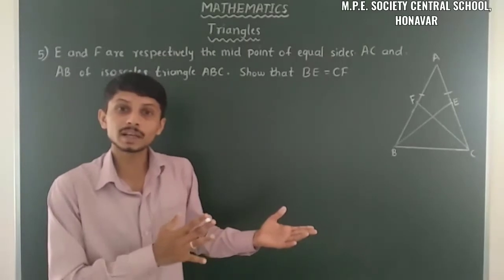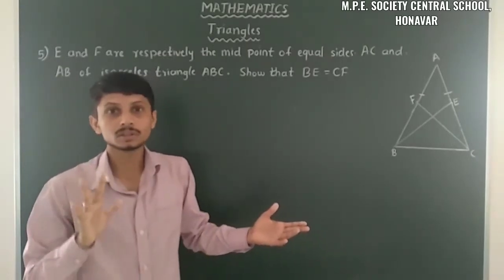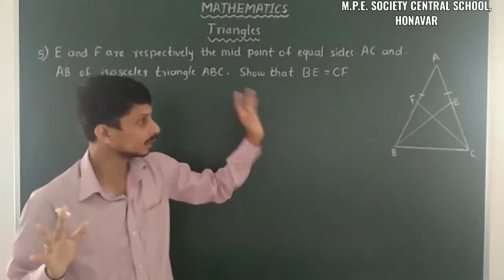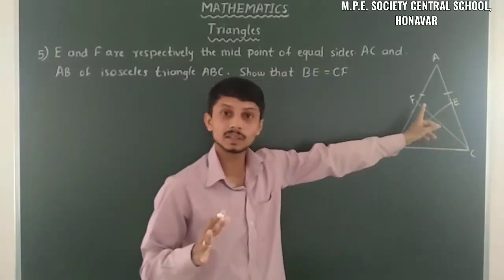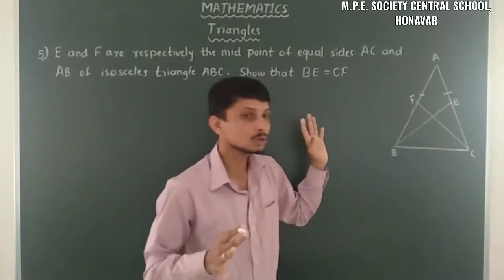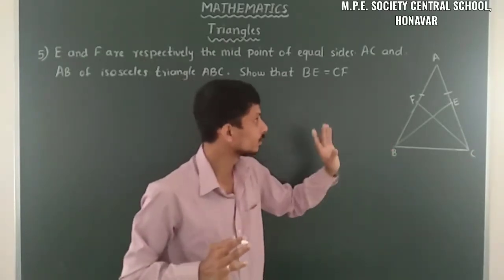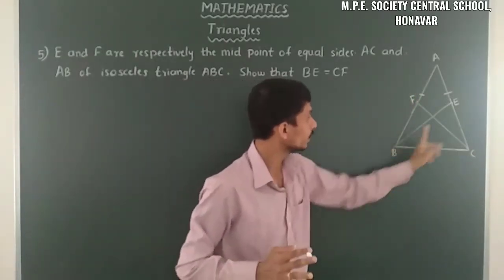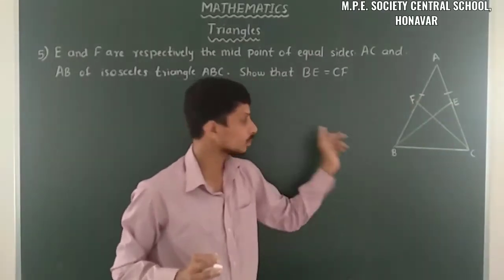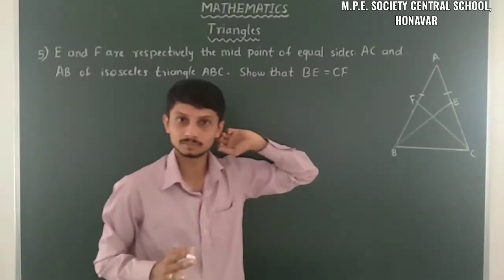So what are those triangles? Here we have to prove BE is equal to CF. Those two are a part of some triangles we have to observe. Observe ABE is one triangle, and BE is a part of it.